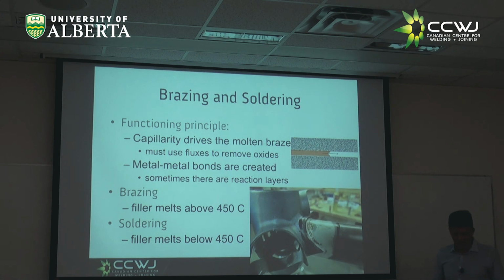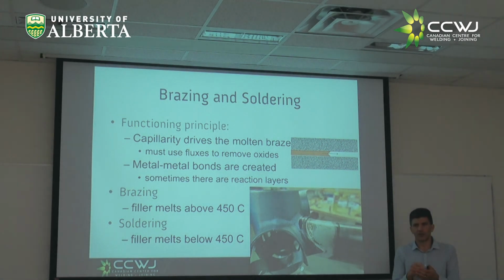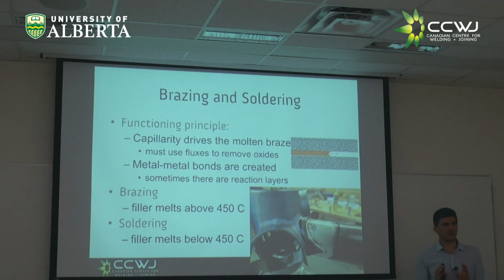And one last thing that you're going to hear is brazing and soldering are often different things, right? Soldering, you do your electronics. Brazing is the plumber and the bicycle maker. However, the physical principles are exactly the same. So much so that people cannot determine what is brazing and what is soldering.